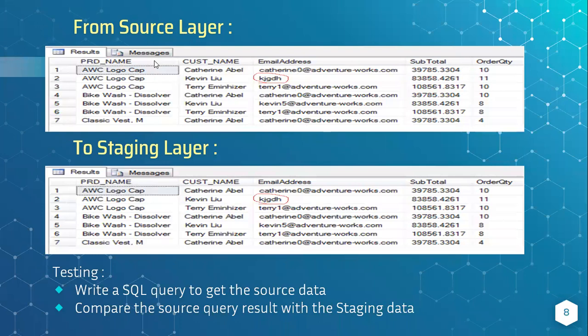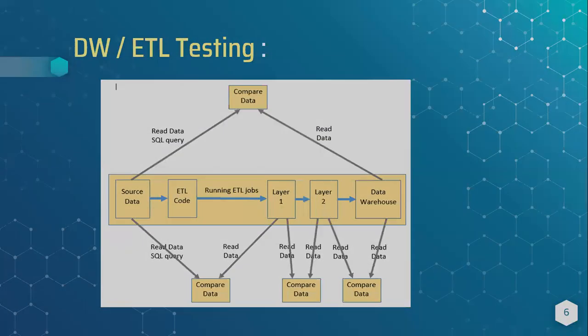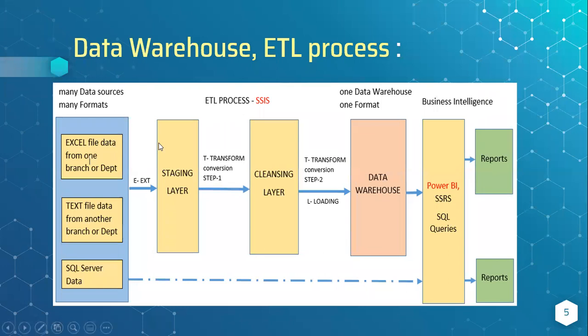So from the source layer to the staging layer, we are moving the data as it is. You can see there is no change in the data. Why? Because as explained in the diagram also, when we are moving to the first layer, we will only extract and copy the data.